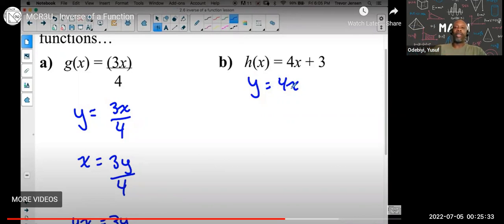What he's going to do is replace the h of x with y, which is what he did there. So I'm following him. Here you have 4x plus 3. Now I'm going to swap the y and the x positions. So x is now going to be over here.